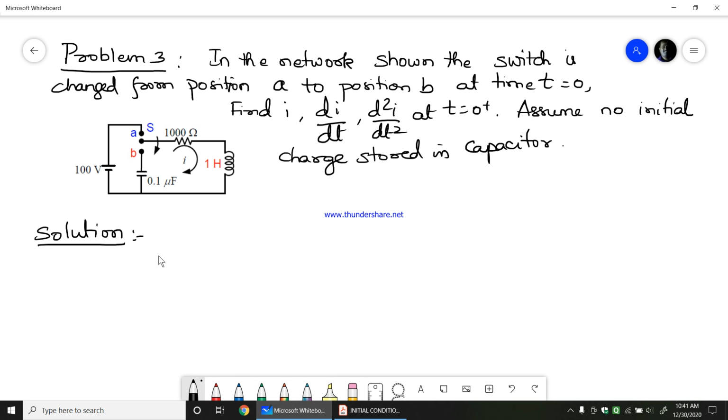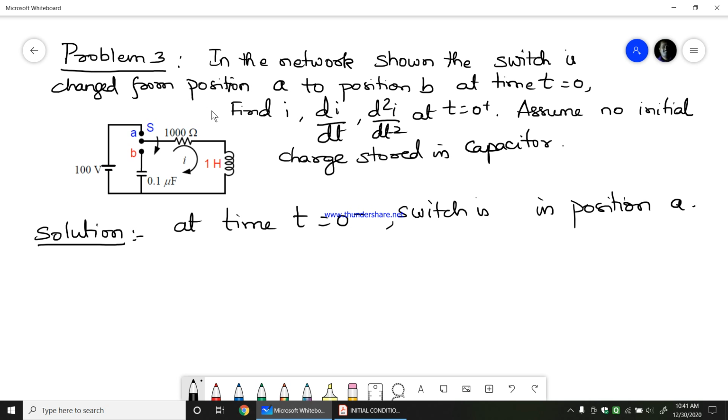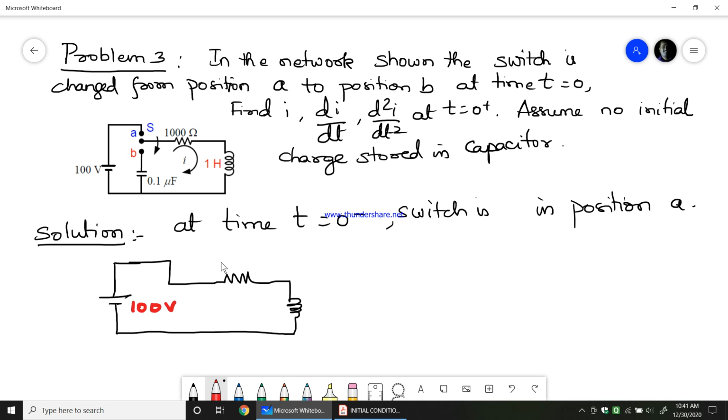So, at time t equals 0 minus, the switch is in position A. At t equals 0 the position changes to B, whereas at t equals 0 minus the switch will be in position A. So, if I write the circuit, this is 100 volts, R is 1000 ohms, and L is 1 Henry.